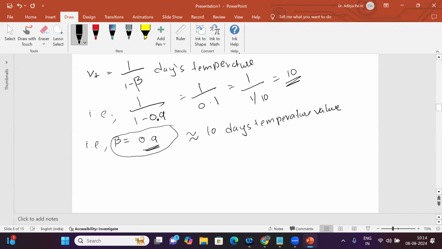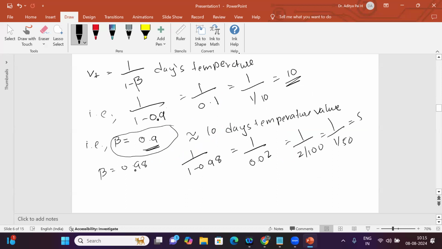So if beta is 0.98, then it is 1 by 1 minus 0.98, which is 1 by 0.02, which is 1 by 2 by 100, which is 50.